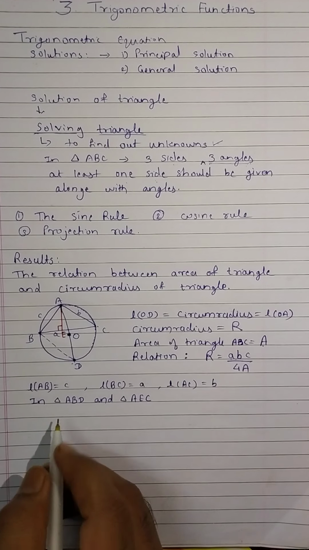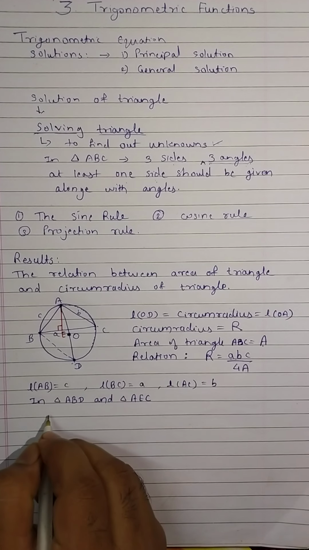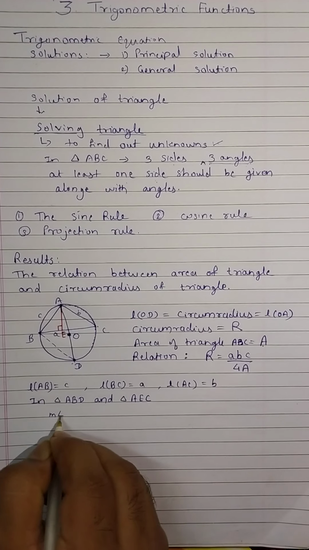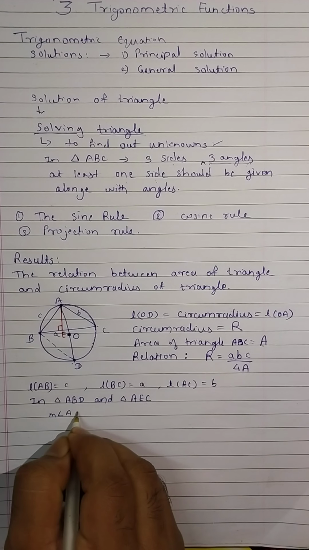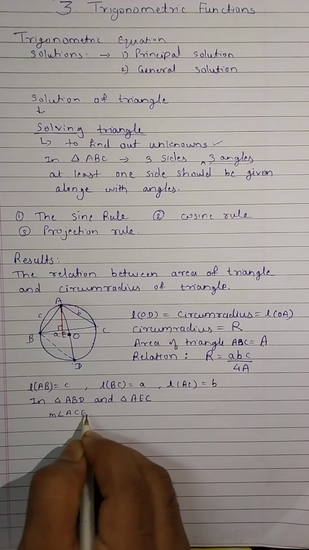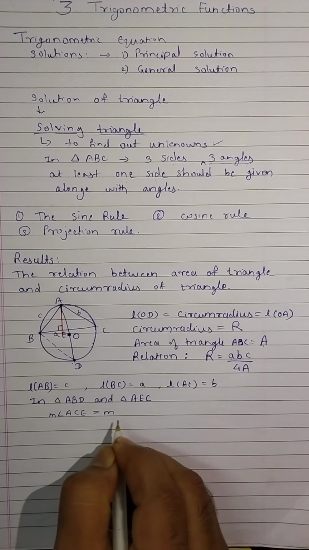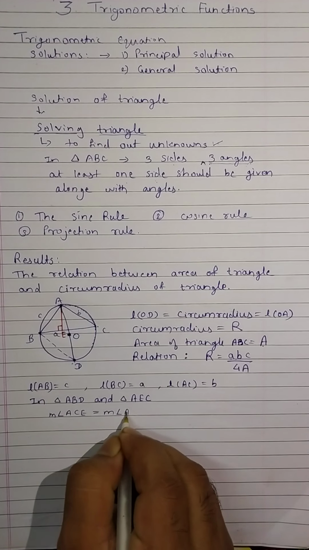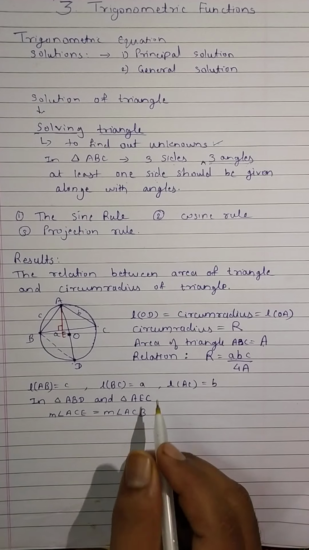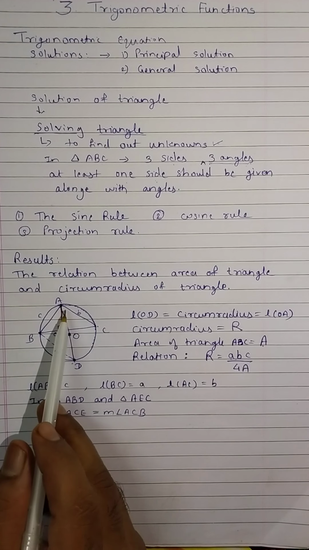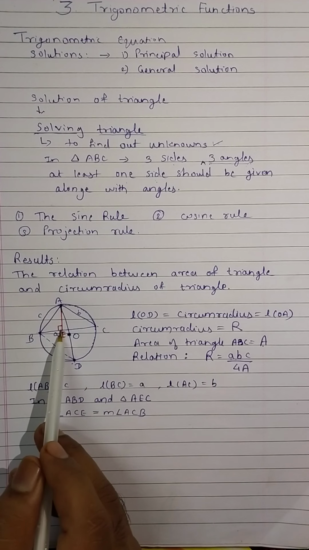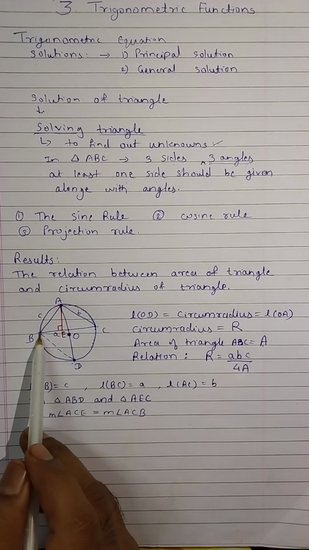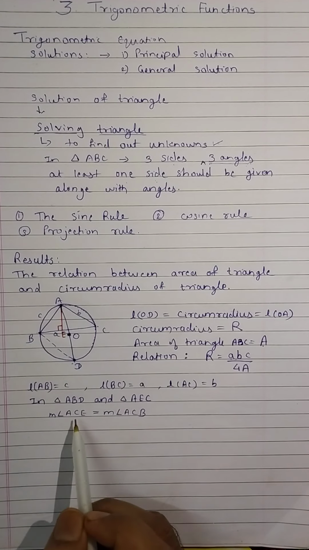So I'll write first over here that measure of angle ACE is equal to measure of angle ACB. You can see the geometry of these angles, ACE and extended till B, so these are the same angle.